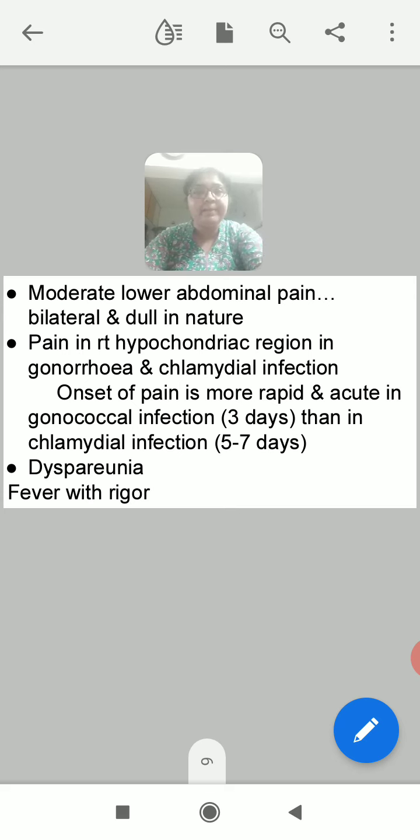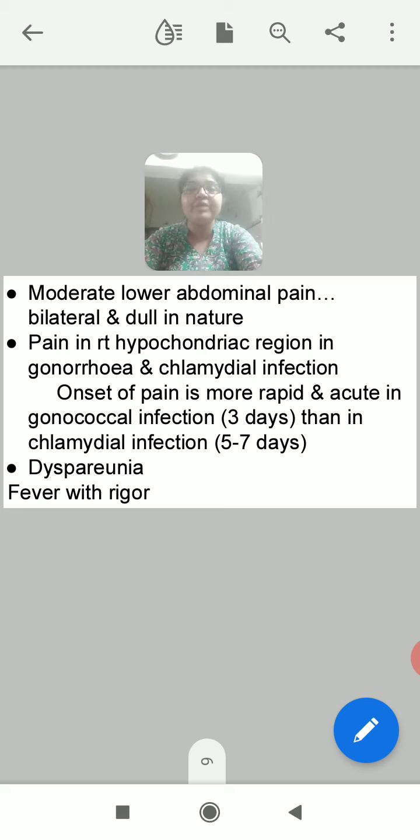Moderate abdominal pain, that is in the lower part of the abdomen. This pain is bilateral and dull in nature. Pain in the right hypochondriac region in gonorrhea and chlamydial infection. So now when you find pain in the right hypochondriac region, how can you know whether it is due to gonococcal infection or chlamydial infection?